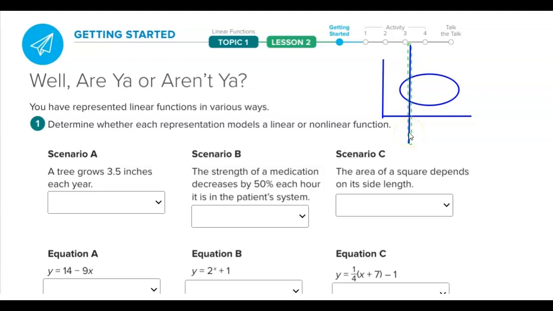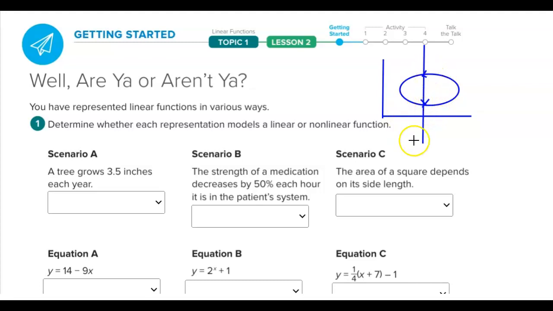So for something to be a function, the x value down here has to have only one y value. Here, this x value right here has a y here, and there's another y value right here. So the same x here has two different y values, and that's not allowed for functions.